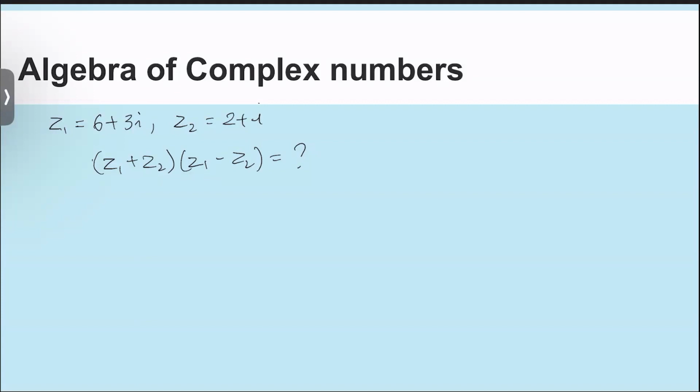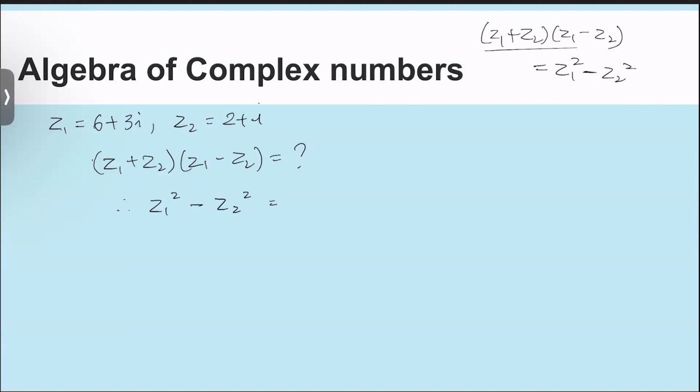You can directly substitute it in the form of the identity as mentioned here, so you can write it directly as z1 square minus z2 square. Now you have two options.